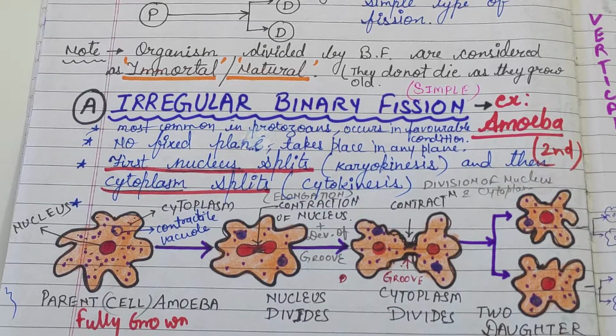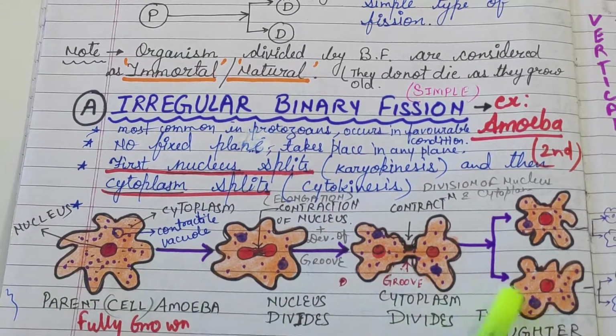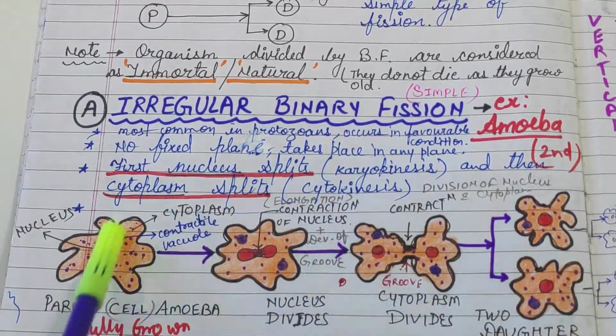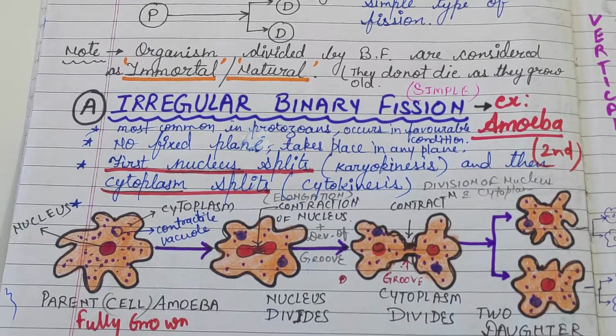So we can say that this process is simple, and it is an immortal process, or we can say it occurs naturally, because there is no death of the organism.